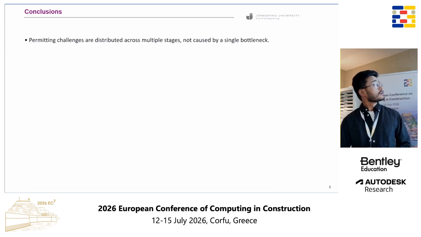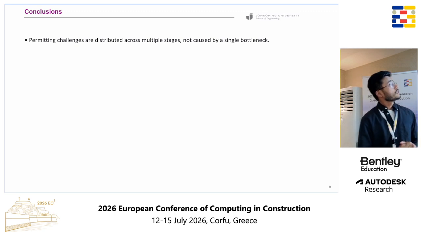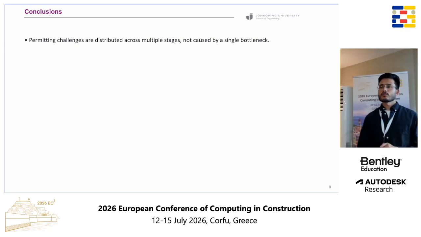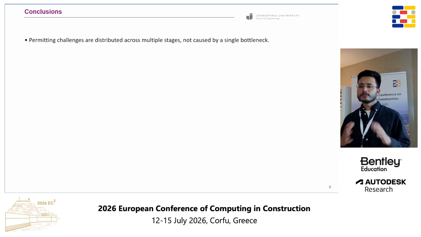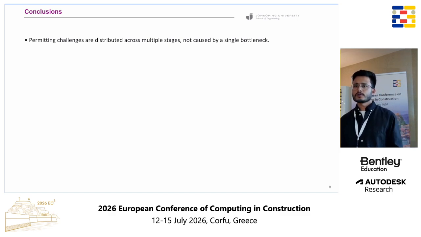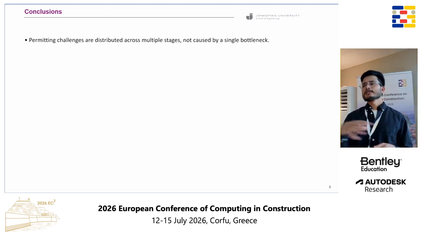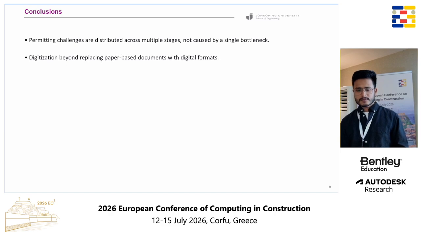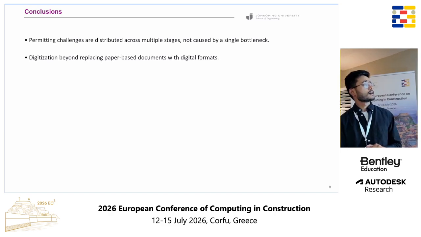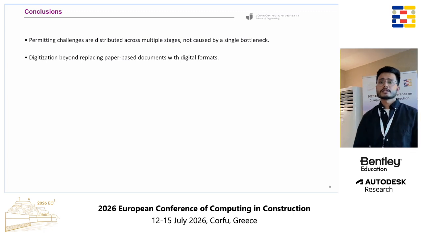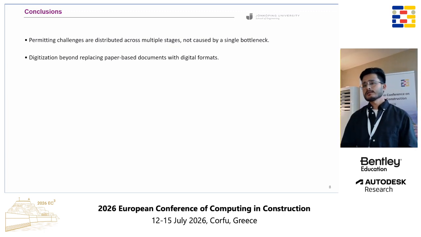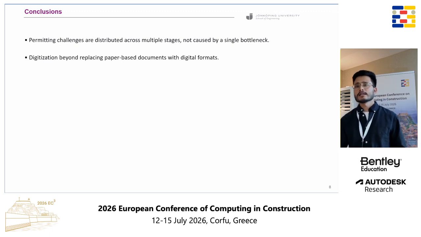So, in conclusion, we found that permitting challenges are not a single bottleneck, but you have a very big permitting process, and these challenges are distributed in different stages. Digitization requires going beyond paper-based submission. The Swedish case shows that there is a permitting portal where you can submit documents, but those are mostly PDFs.